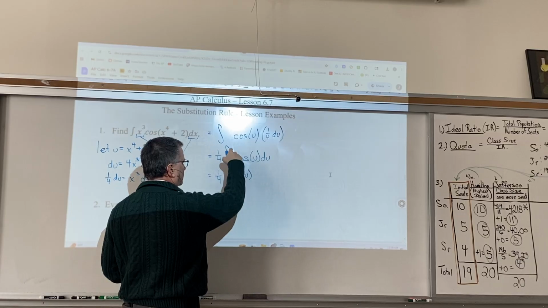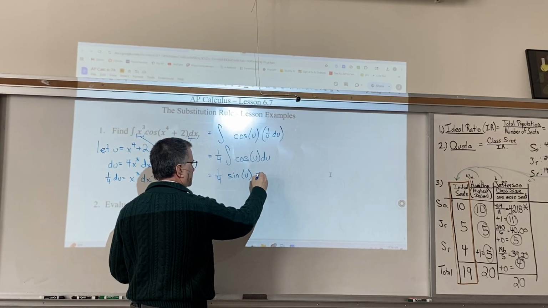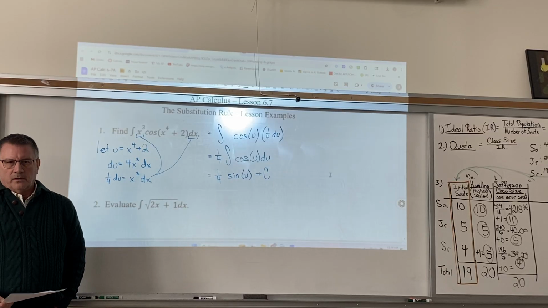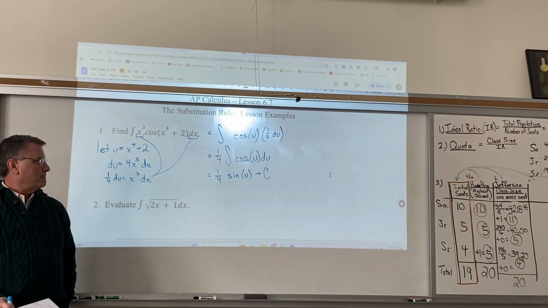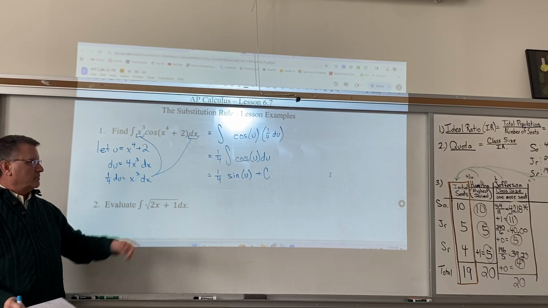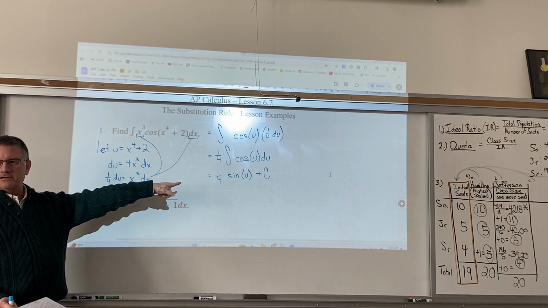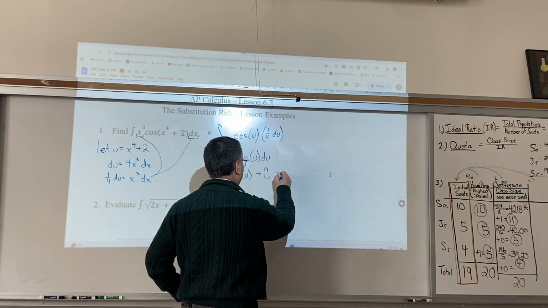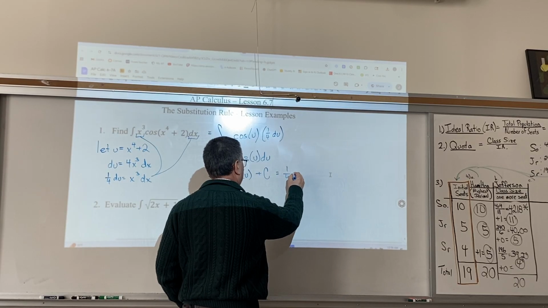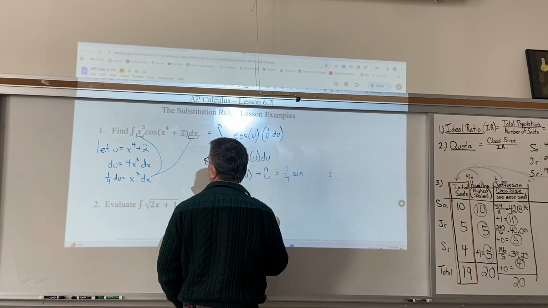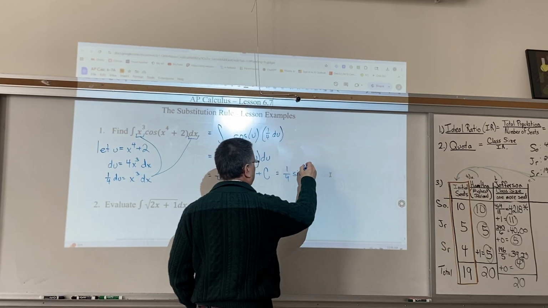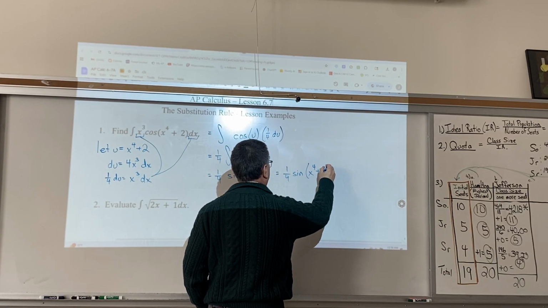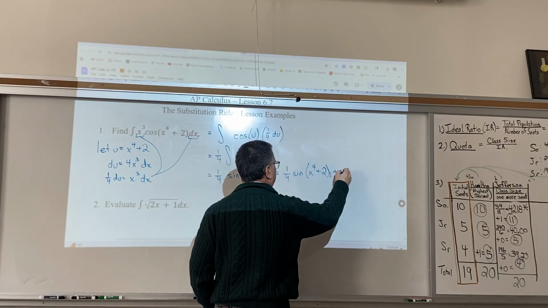So we just took the integral, it wasn't a definite integral, plus c. What am I gonna have to do now? Substitute u. Gotta substitute back in because the original was in terms of x. So this is going to equal 1/4 sine of, u was x to the 4th plus 2, plus c.